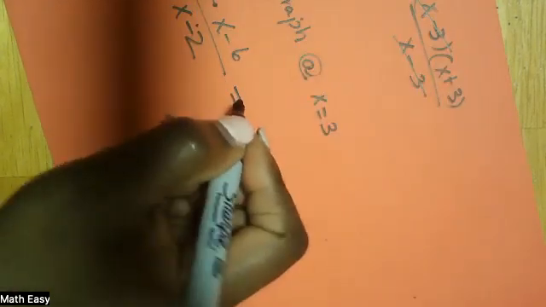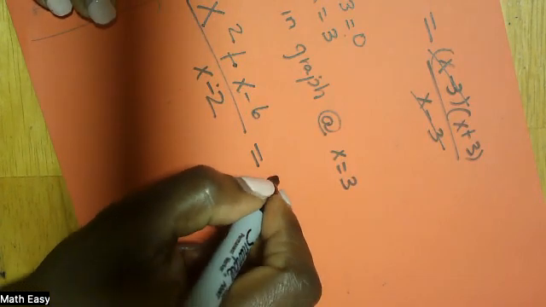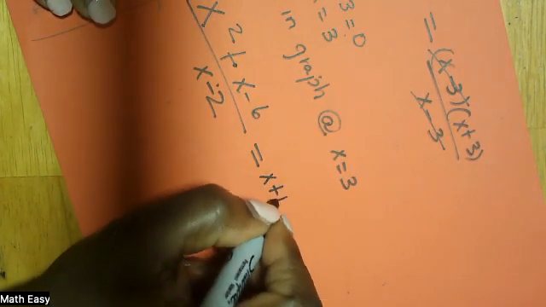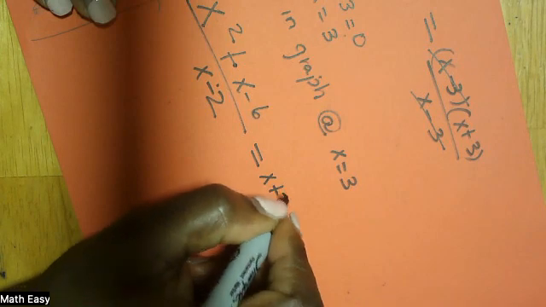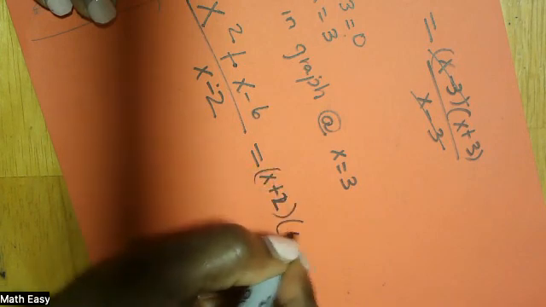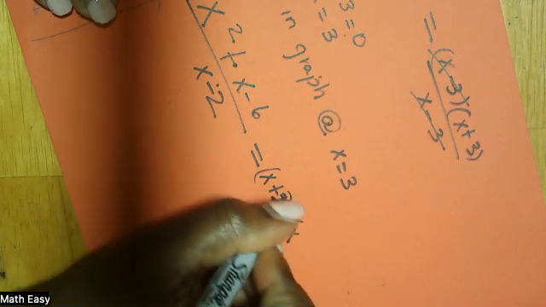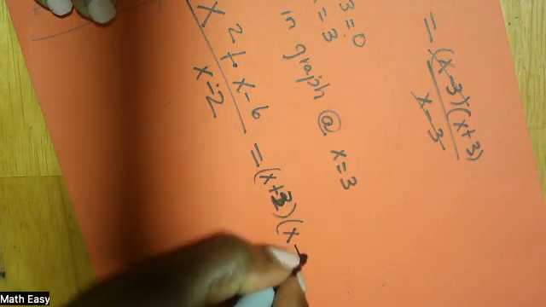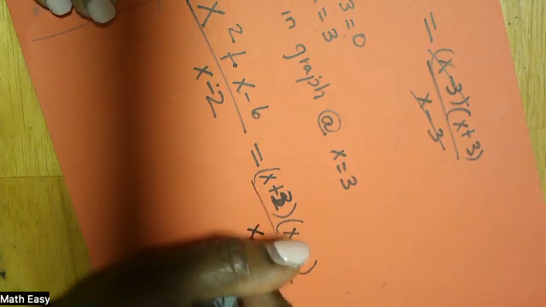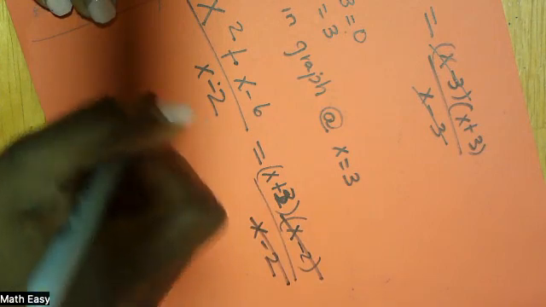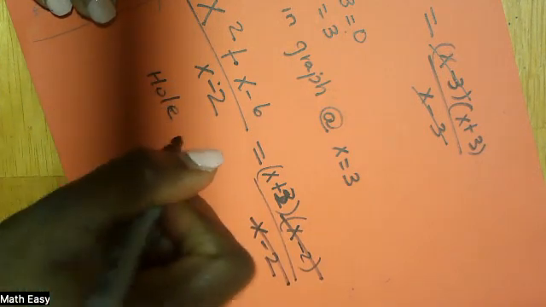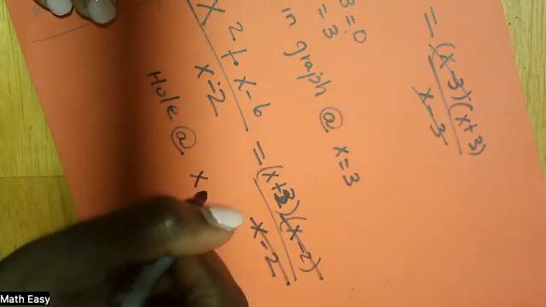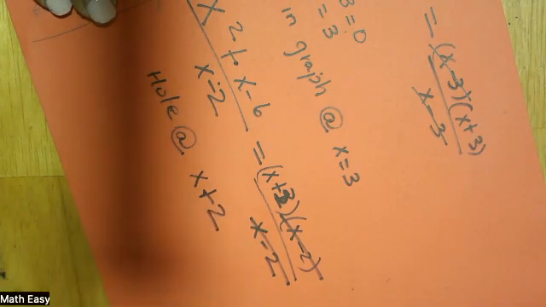We factorize this, we will get x plus 3 and x minus 2, divided by x minus 2. So these two would cancel. So we would have a hole at x equals 2.